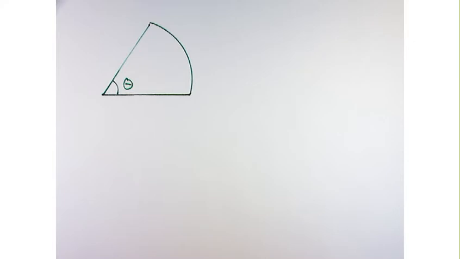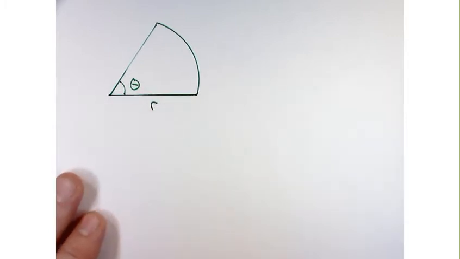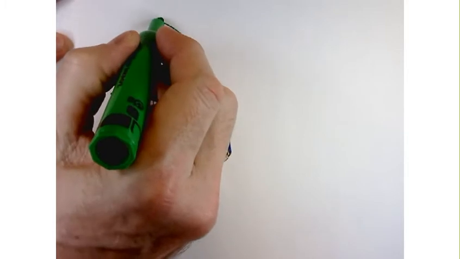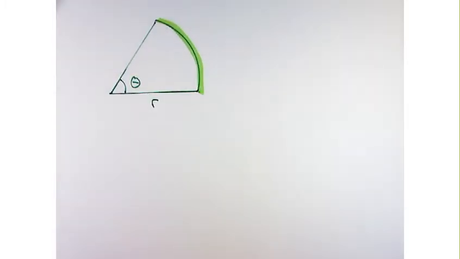So basically, what you've got is some angle theta for a circle of radius r, and when you extend that angle out and it intersects a circle, it's going to intersect part of it, and that part that it intersects is going to have an arc length, and that little piece in green is what we're trying to find the length of.